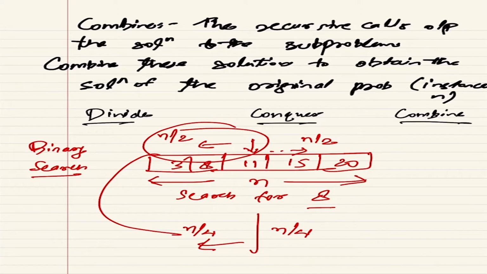Okay. And what is combine? You are recursively calling the subproblems on n by 4 and so on, and these will return you the solution. In this case, the combine is very trivial, so you don't have to do anything. At some point, you either find the solution or you say, okay, I already exhausted my search, so I can't find the solution. The element is not in the array. So combine is trivial here.